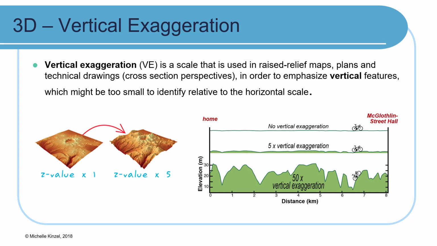On the right, we have an example of a bike ride, and in the top example there's no vertical exaggeration. With the 5x exaggeration, we can now see some change in elevation, and then the 50x vertical exaggeration is really just showing dramatic changes, and it's not representative of the real world, but it is useful for displaying some data sets.